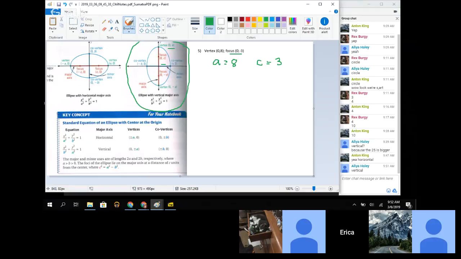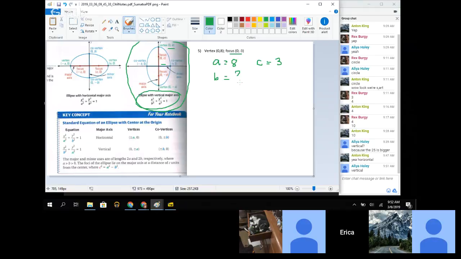So if I want to write an equation, my equation has to be x squared over b squared plus y squared over a squared equals 1, right? I know my a and my c, I need to know what b is. I need to know what the co-vertex point is.